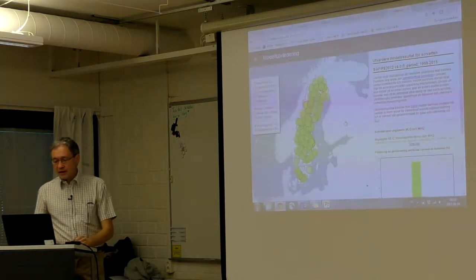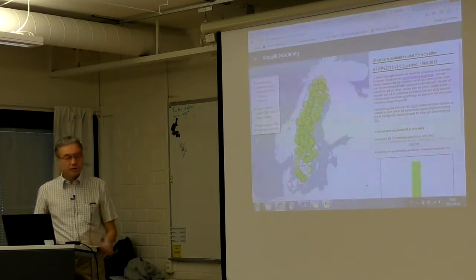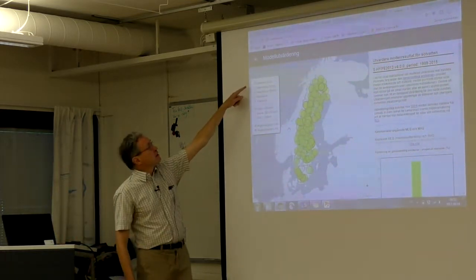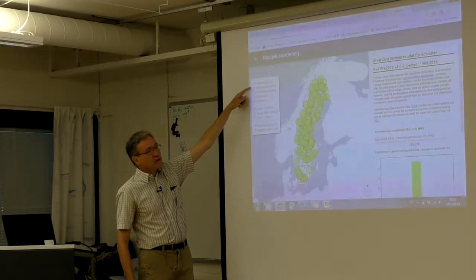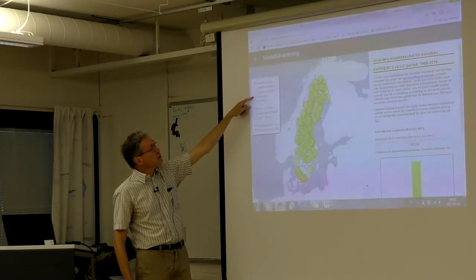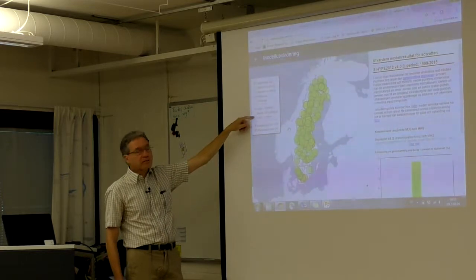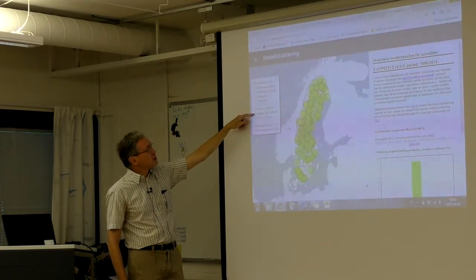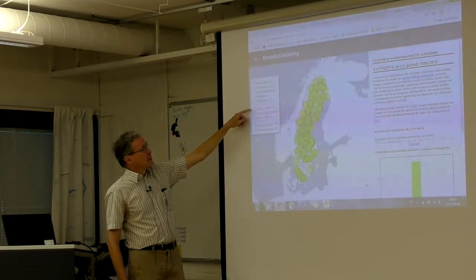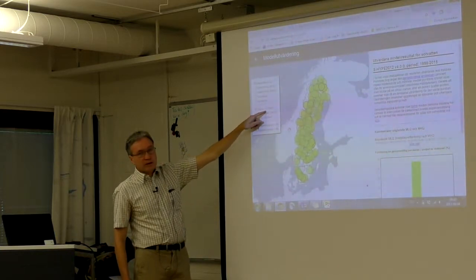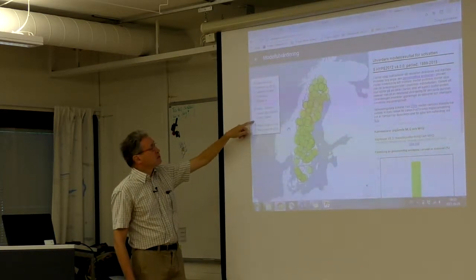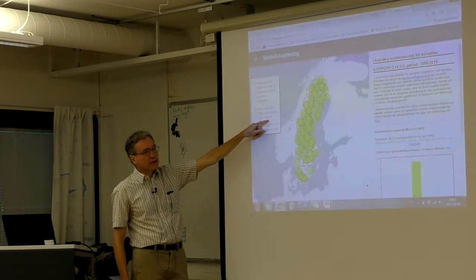You can see the model agreement with observations for discharge, low flow, high flow, nitrogen and phosphorus. You can filter here between large, medium-sized and small basins. Large here means larger than 2,000 square kilometers, and small is less than 200 square kilometers.